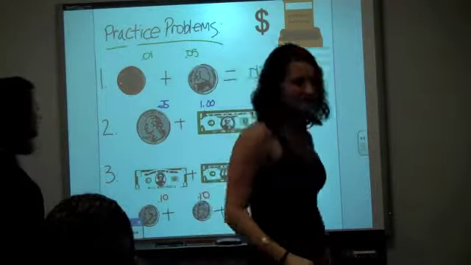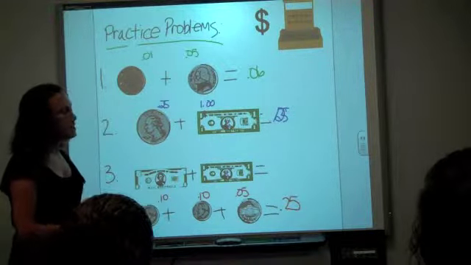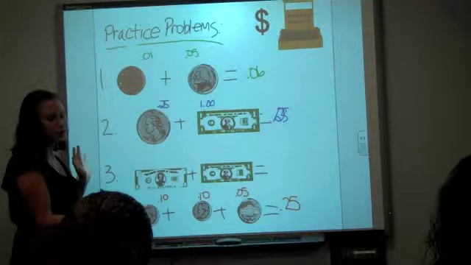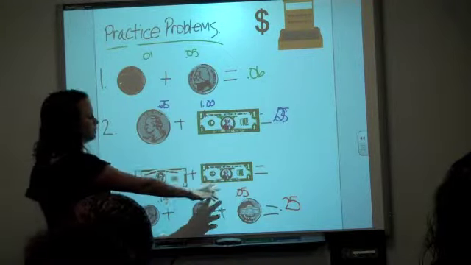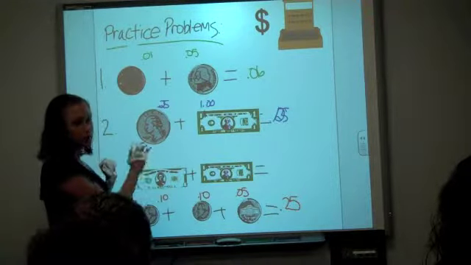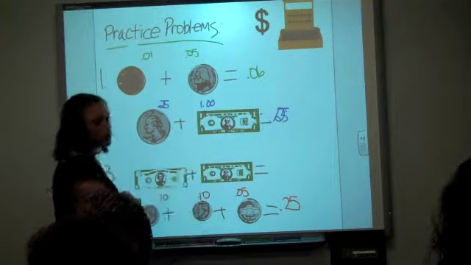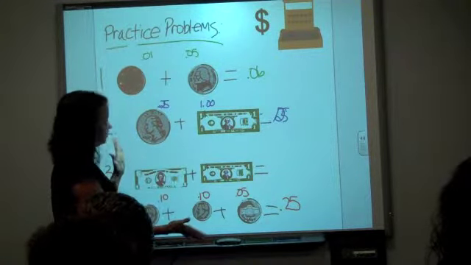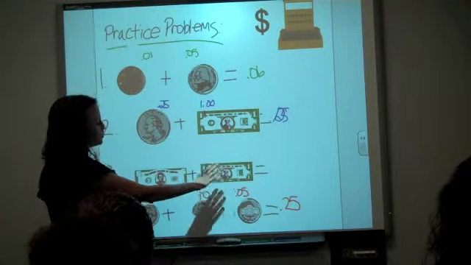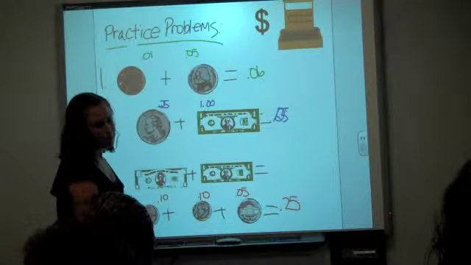Okay, so I threw in a curveball with number 3. We haven't really talked about $5 bills yet in class. This was just kind of a bonus question for you. But it's real easy. Just like the dollar bill is worth $1, we have the $5 bill, which is worth $5. So we have 5 $1 bills equals $5. So if we are going to add a $5 bill plus a $1 bill, what would we get? $6.